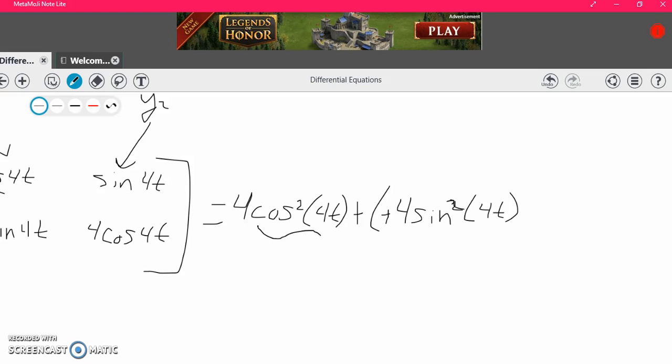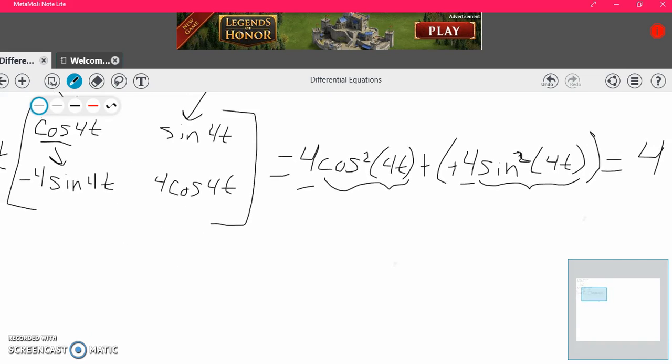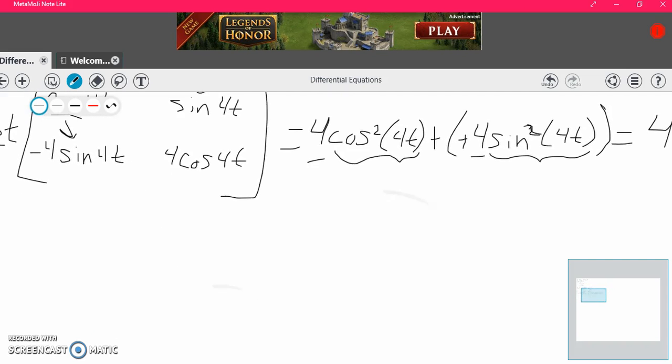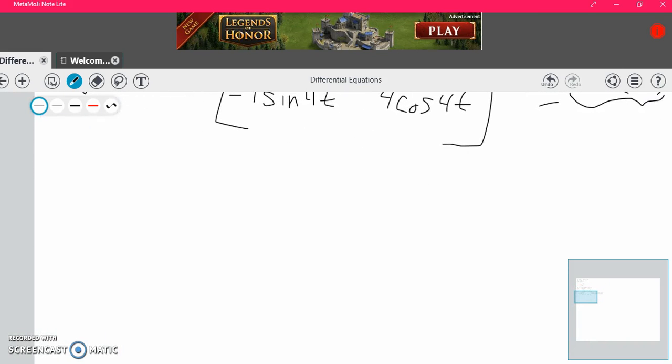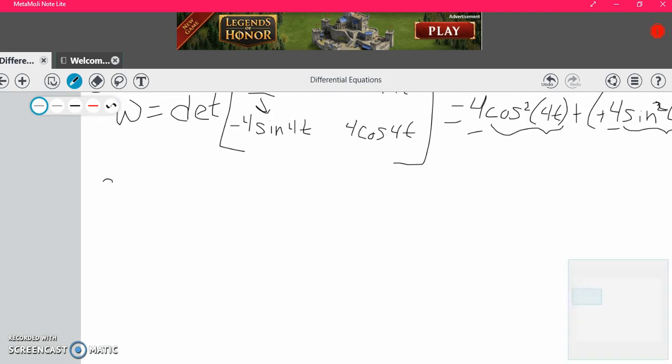And if you look here and here, cosine squared plus sine squared equals 1. But because you have the 4 here, instead of it equal 1, it'll equal 4. So there's your W.